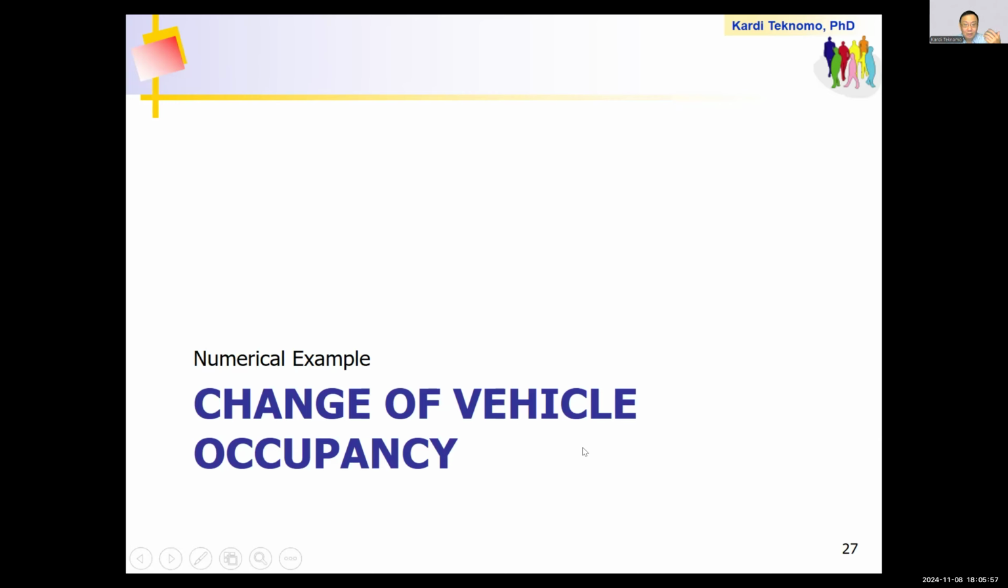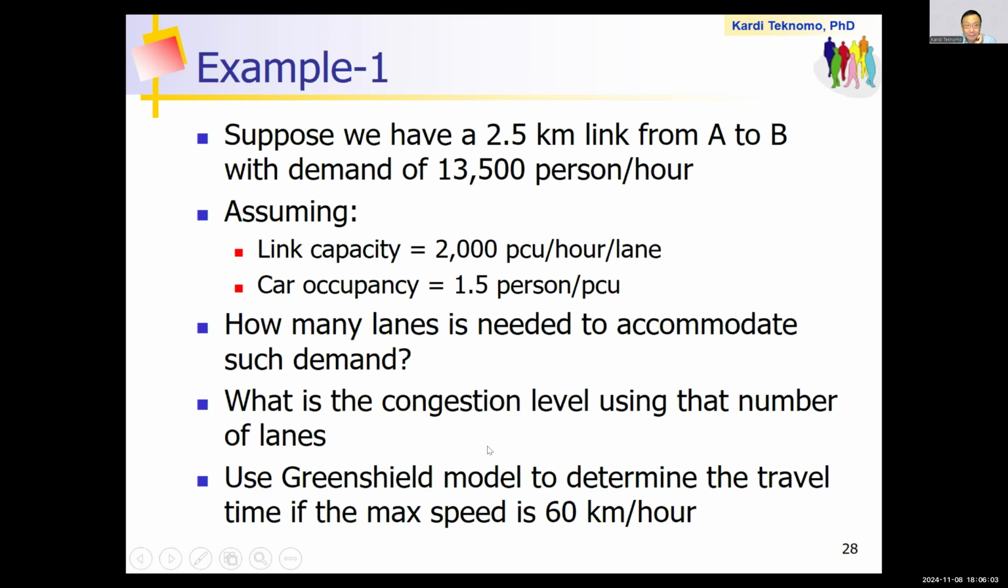Here is a numerical example of how a change in vehicle occupancy matters. Suppose we have a 2.5 kilometer link from A to B. Suppose the demand is 13,500 persons per hour.